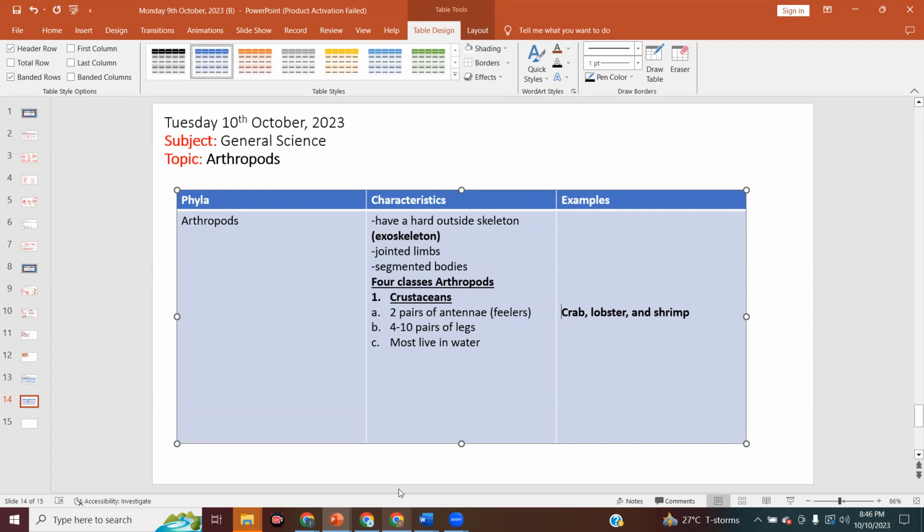Good. Now, Tanaz, give me an example of a crustacean. A crab, very good. Shekinah, give me an example of a crustacean. What about clams? Clams are mollusks.